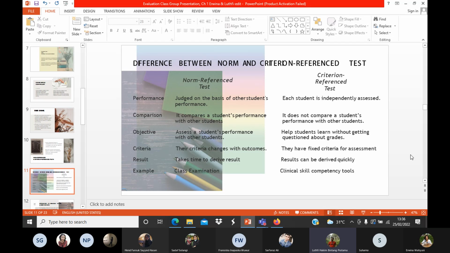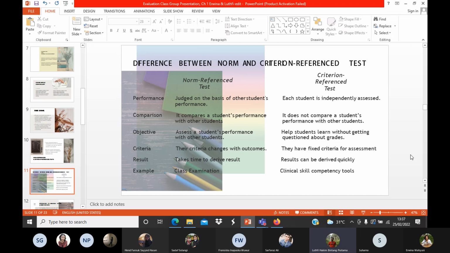For the objective, the norm-referenced test assesses a student's performance against other students, and the criterion test helps students learn without being questioned about grades. In norm-referenced tests the criteria change with outcomes, while criterion tests have fixed criteria for the assessment.